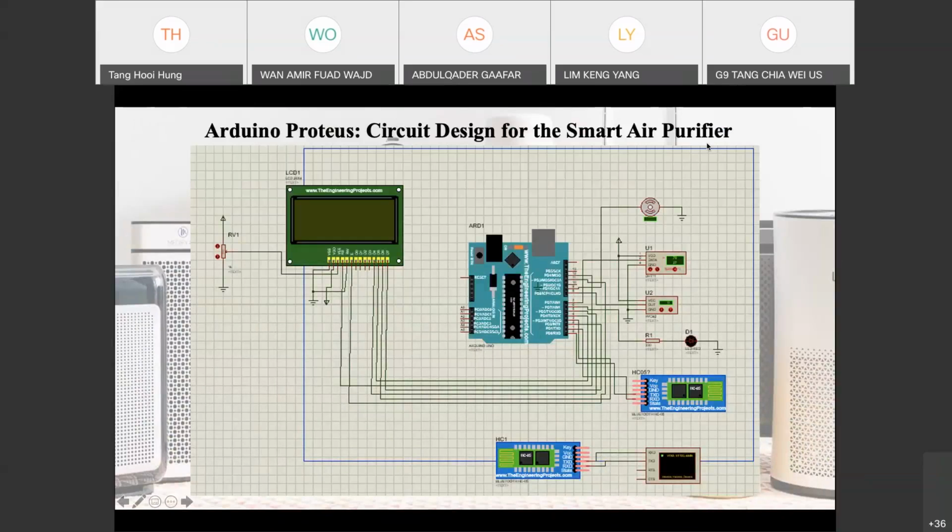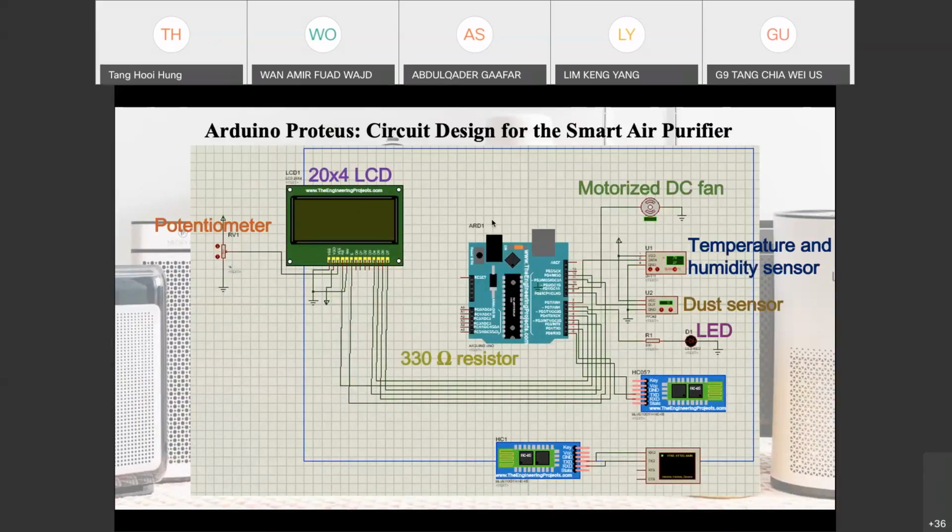So the presentation passes to Hui Han. Okay, good morning, doctor. This is our Arduino Proteus design for the smart air purifier circuit. As shown, the center one is our Arduino Uno, which is the motherboard for the main circuit, and at the right hand side are our motorized DC fans.